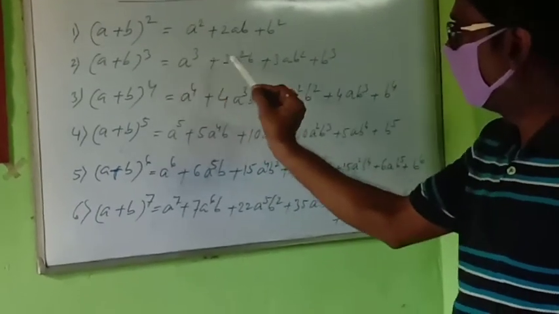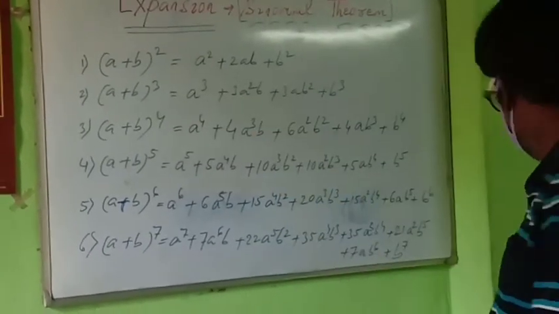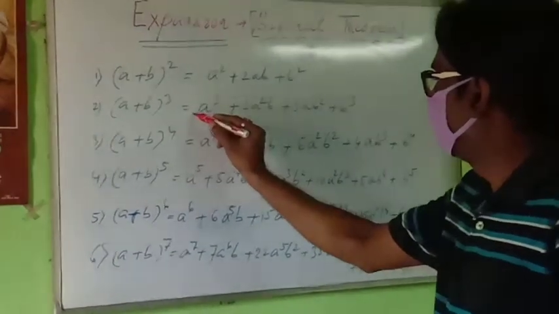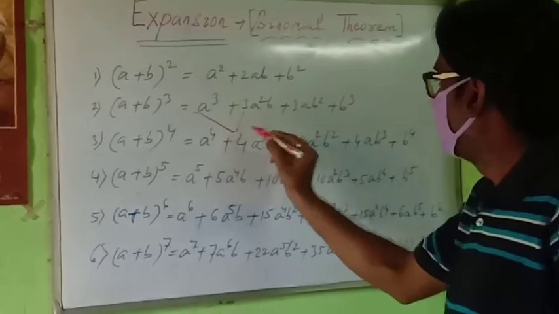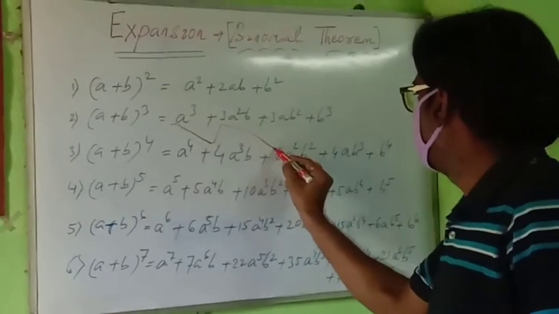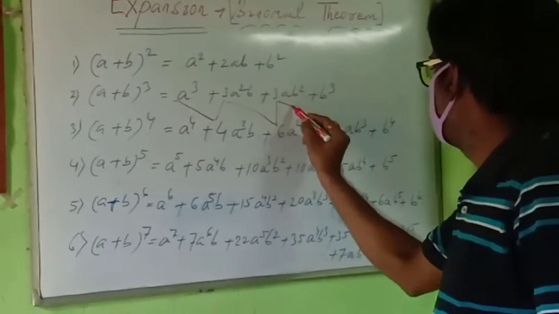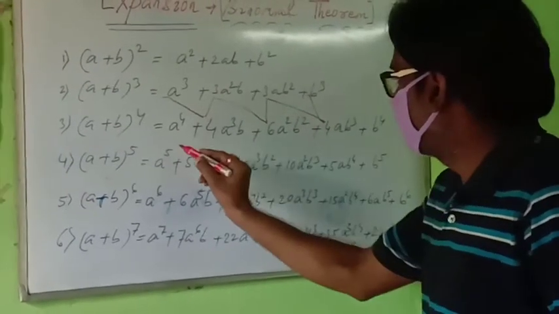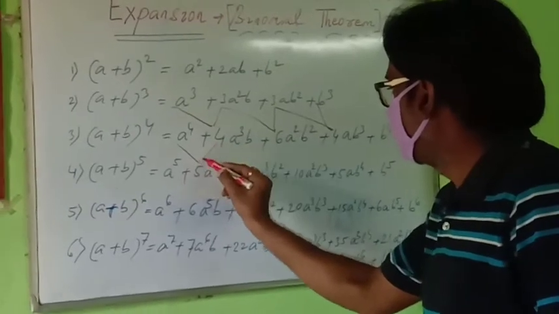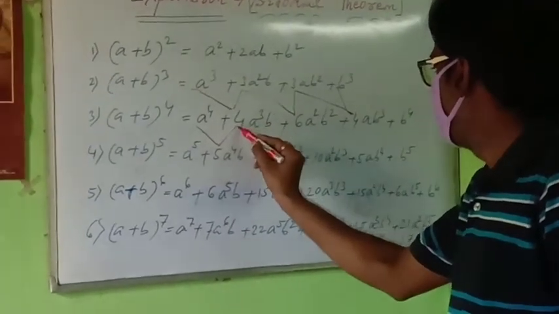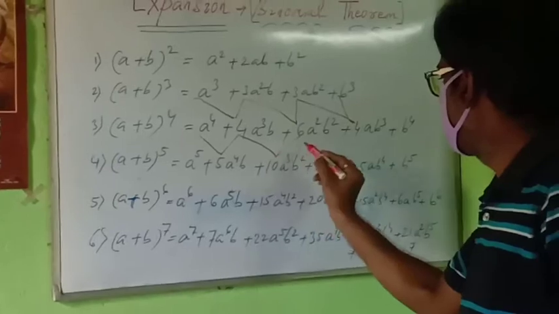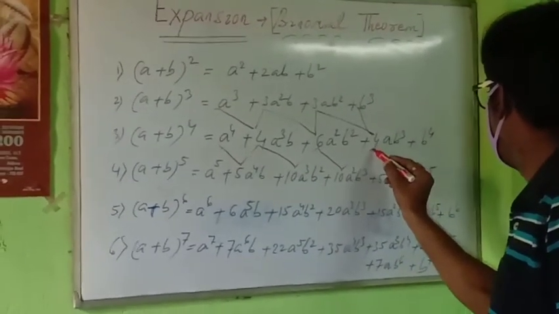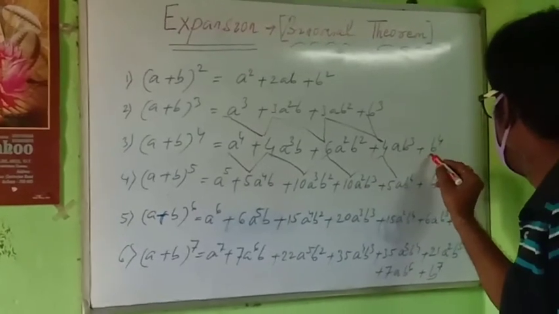Here 1, here 3. 1 plus 3 means 4. This 4 is coming here. Like this, 3 plus 6, again 3 plus 1, 4. Here you see 1 plus 4, 5, 4 plus 6, 10, then 6 plus 4, 10, 4 plus 1, 5.